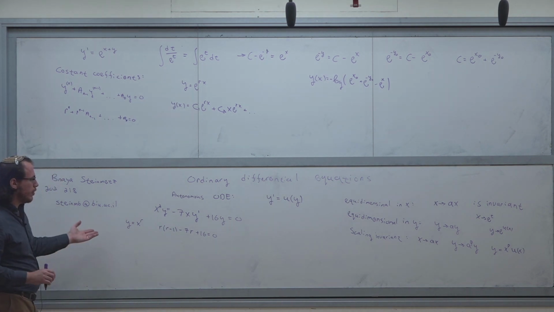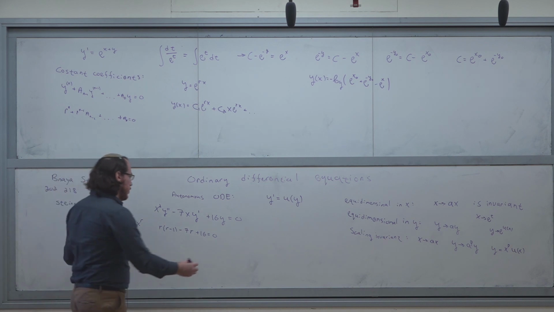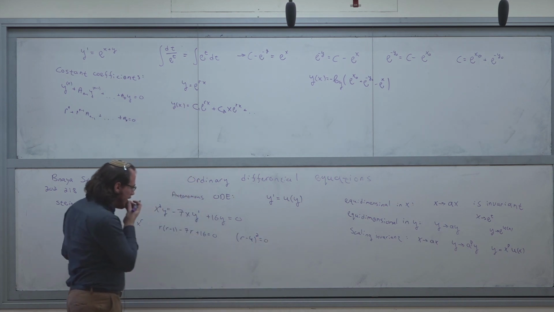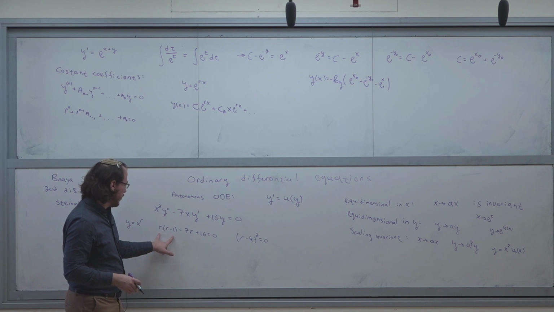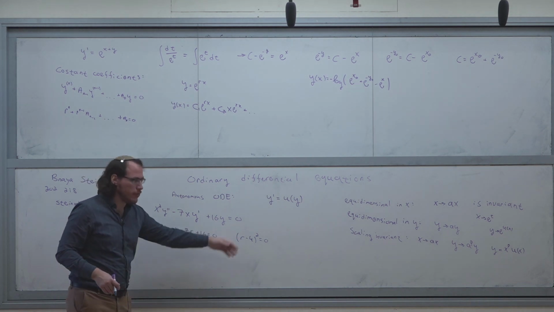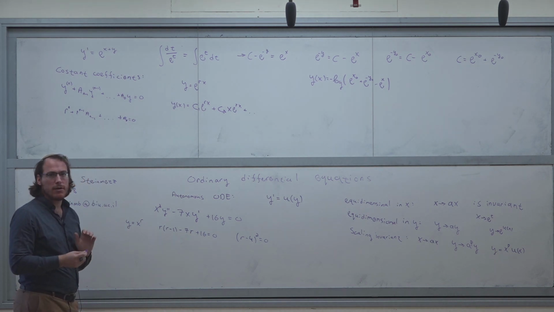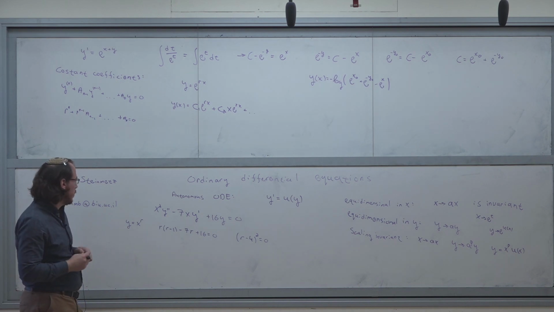What would be the solution of that? Okay, we can see that this is minus r, this is minus 8r, so we can easily see that there is one root with multiplicity 2.